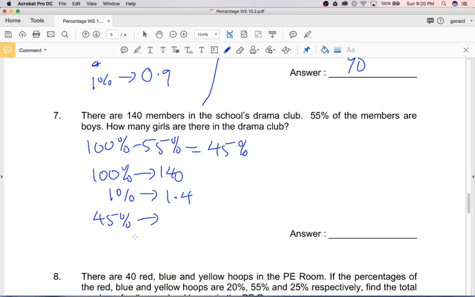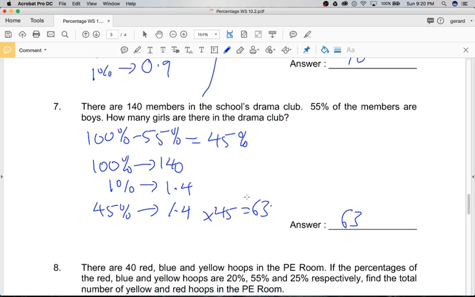Just use the calculator, and it's 63. Yes, correct, I'm finding what's 45%.